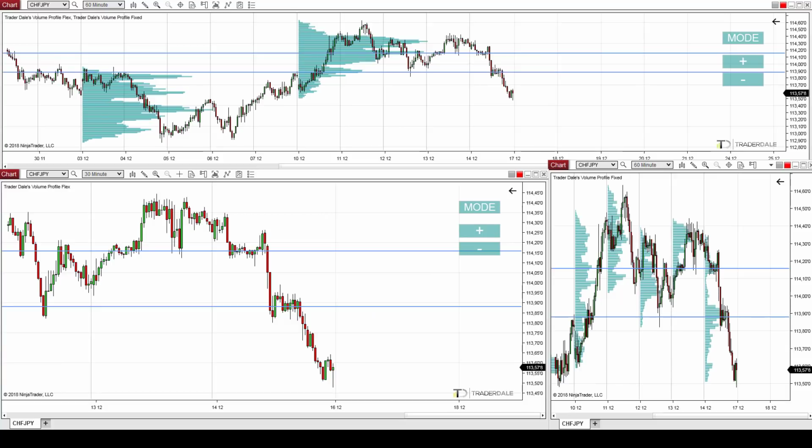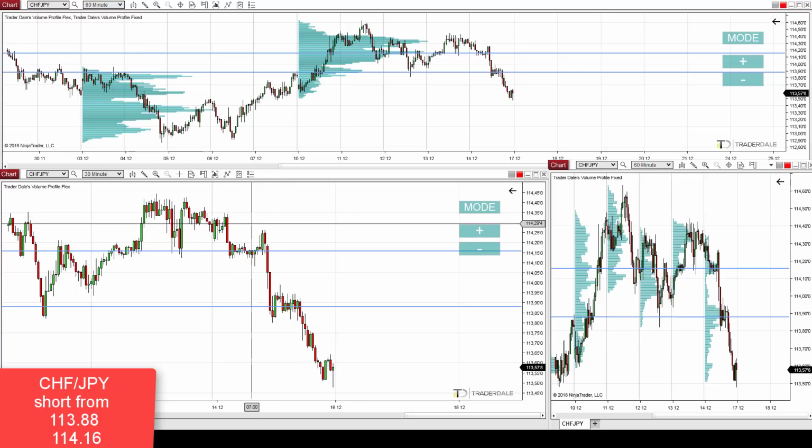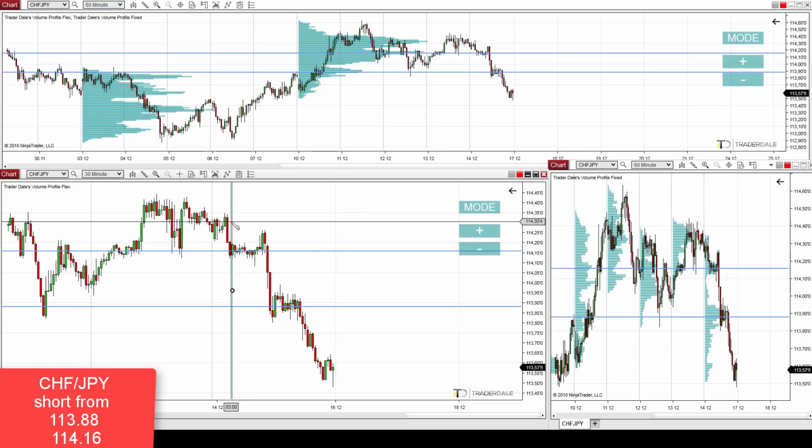Let's go into the Swiss franc Japanese yen. As you can see, there is a strong trend development, there is a strong downtrend, and whenever there is selling activity like this, I use the flexible profile for the whole trend area to look for significant volume clusters.